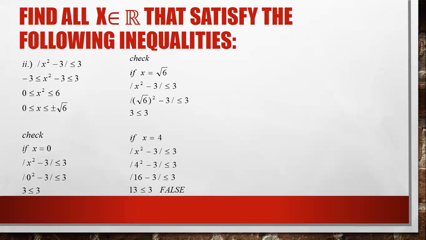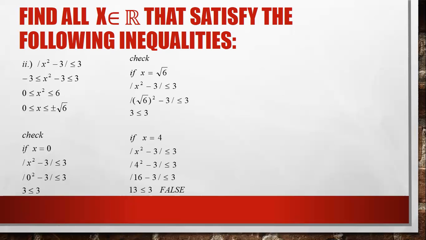Let's try another problem. What if our x is greater than the square root of 6? So what if our x is equal to 4? What will happen? So we have the absolute value of x squared minus 3 less than or equal to 3. So let's substitute the value of x. We have the absolute value of 4 squared minus 3 less than or equal to 3. So 4 squared is 16 minus 3.